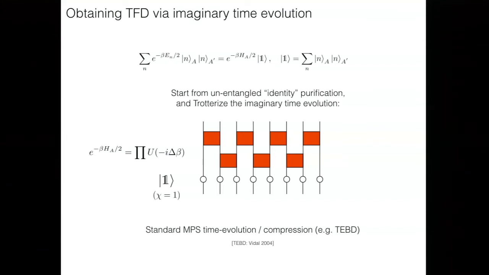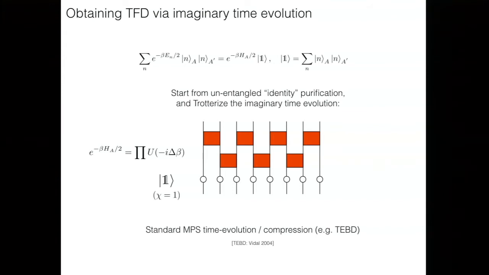So drawing that in pictures there, if you start out at infinite temperature, the matrix product state is very trivial. It actually has bond dimension 1, because it just acts as the identity from the ancilla degree of freedom to the physical degree of freedom. So that's trivial to represent. And then starting with that, you slowly start cooling it down by acting with a trotterized version of the imaginary time evolution on the physical degrees of freedom here.